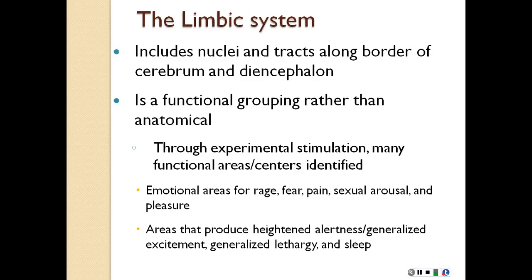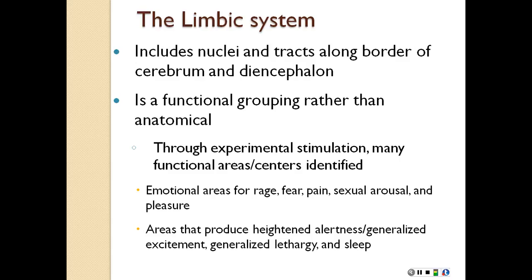But again, the main thing that you should think about when you hear limbic system is emotion, emotional memory, emotional areas for rage, fear, pain, sexual arousal, and pleasure. Does it go back in the cortex with the sympathetic and parasympathetic? Not really.